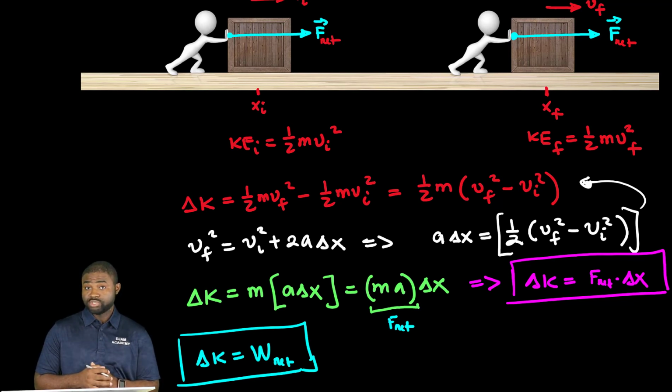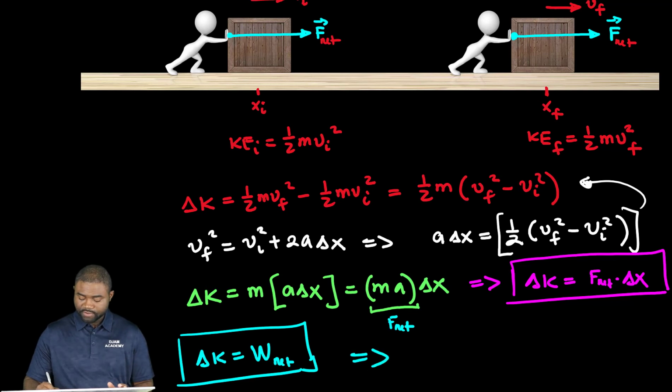In other words, the work kinetic energy theorem tells us the net effect of work done on a given system. When work is done on a system, the kinetic energy of that system is bound to change. Let me say that again. The net work done on a system is equal to the change in the kinetic energy of that system.